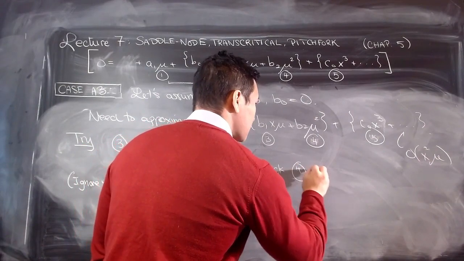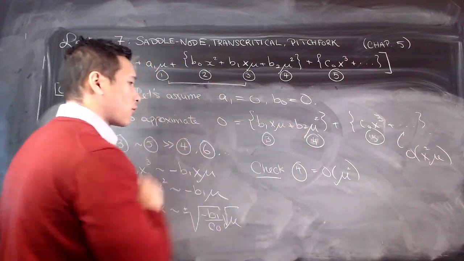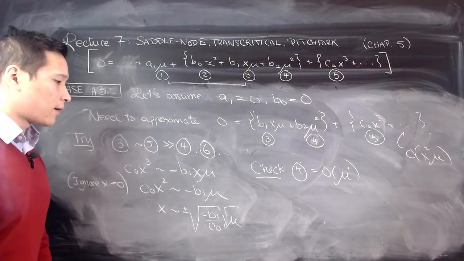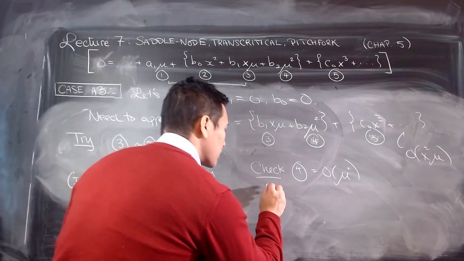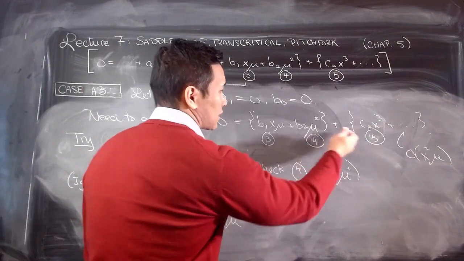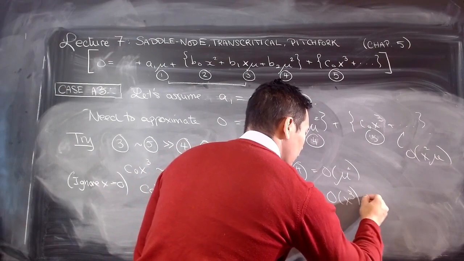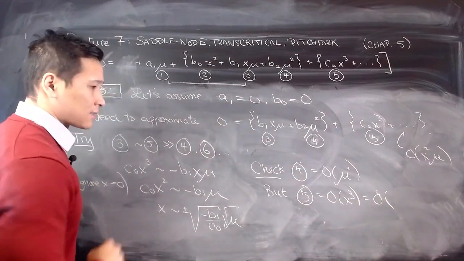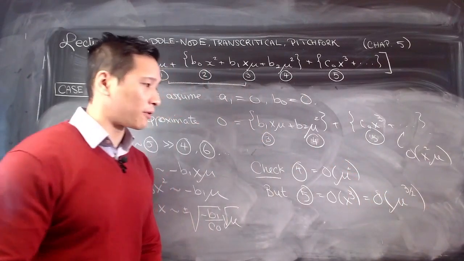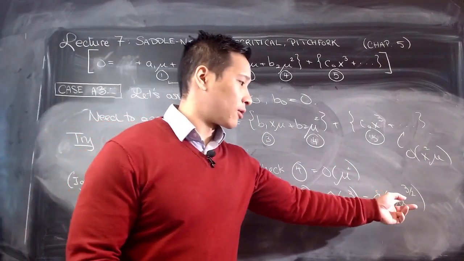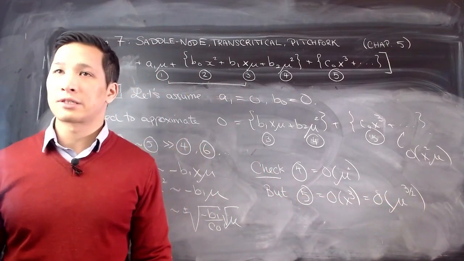So 4, for instance, was order mu squared. Scale is like a mu squared, right? And is mu squared much smaller than x times mu? Or let's take 5. 5 is order x cubed, which is order mu to the 3 halves, or a power of 1.5, and the smaller power is the bigger one if the thing being taken to the power of is small.